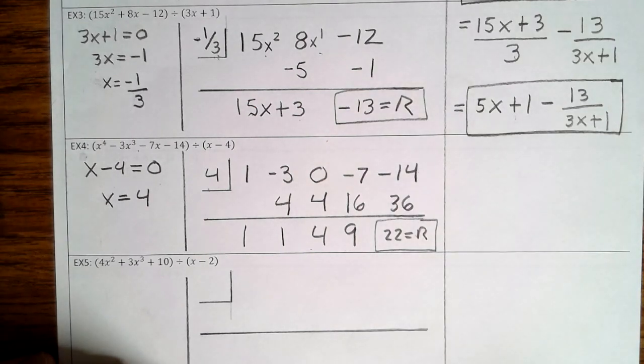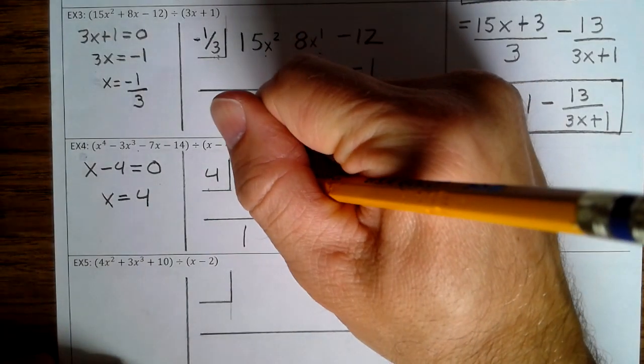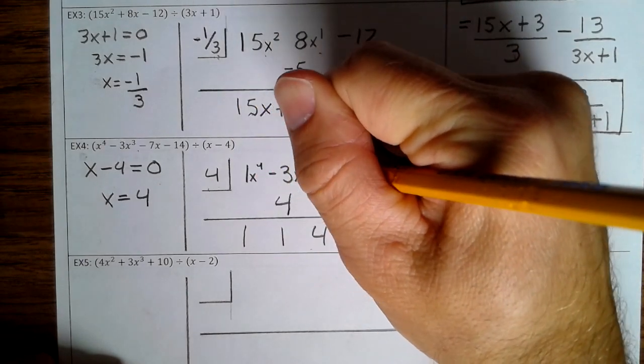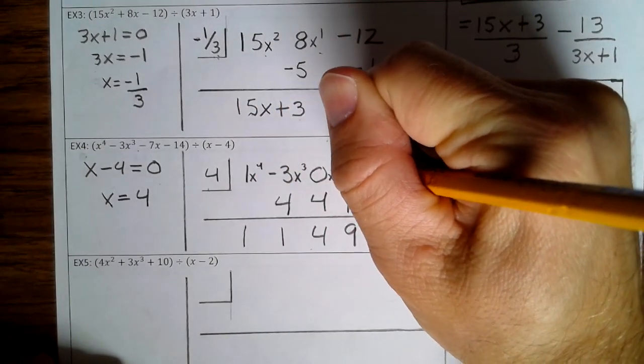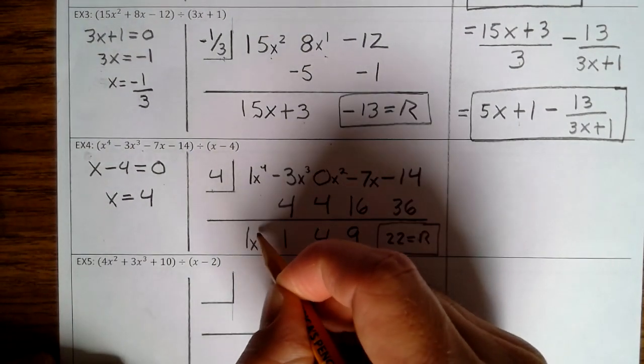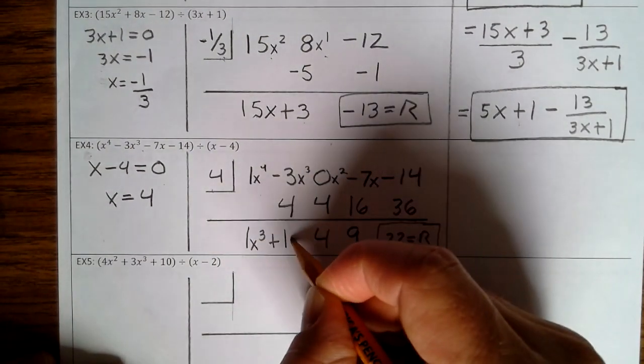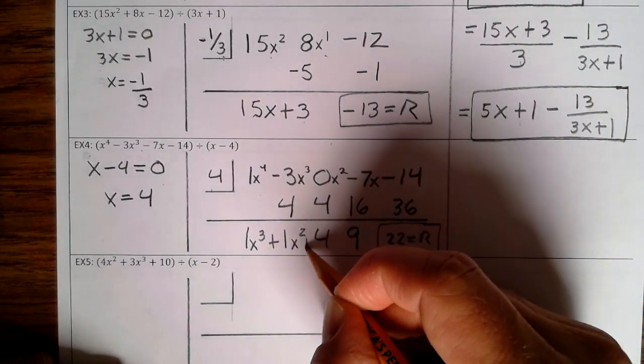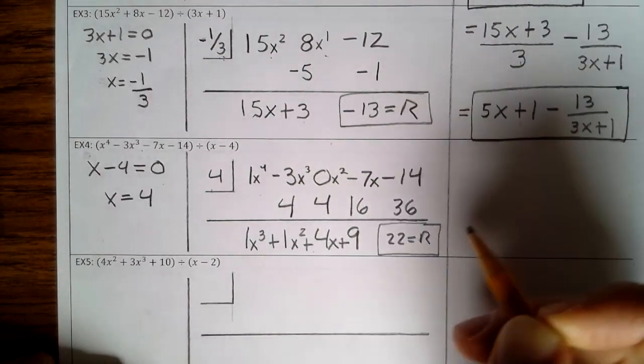Now remember, this was x to the 4th, x cubed, x squared, x. So these all decrease by 1. So this becomes 1x cubed plus 1x squared plus 4x plus 9 plus the remainder.